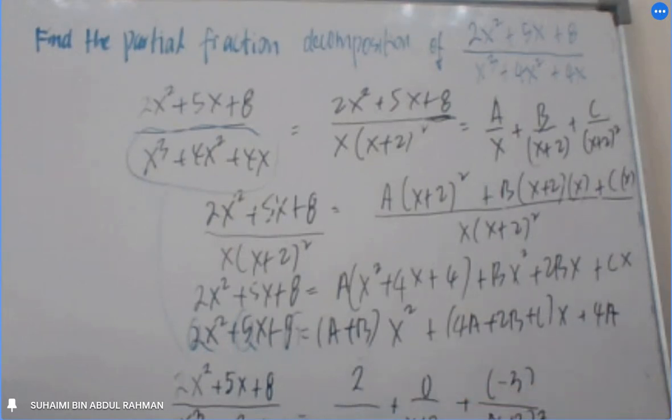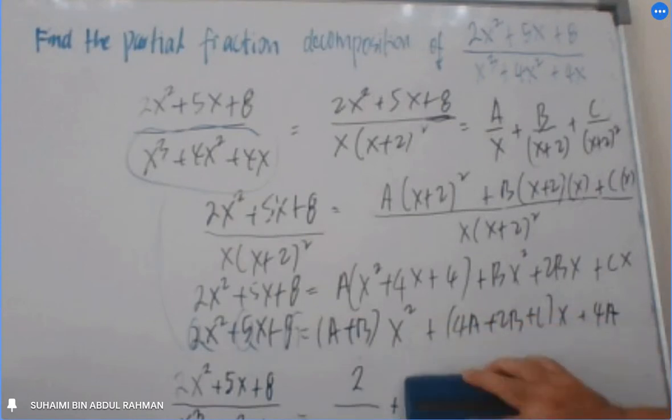Two over x plus 0 over x plus 2 plus minus 2 over x plus 2 square. Remember that 0 plus x over 2 is 0.